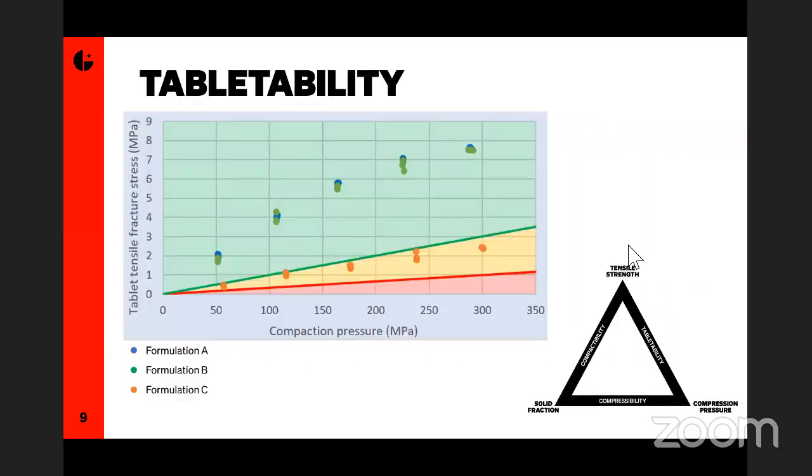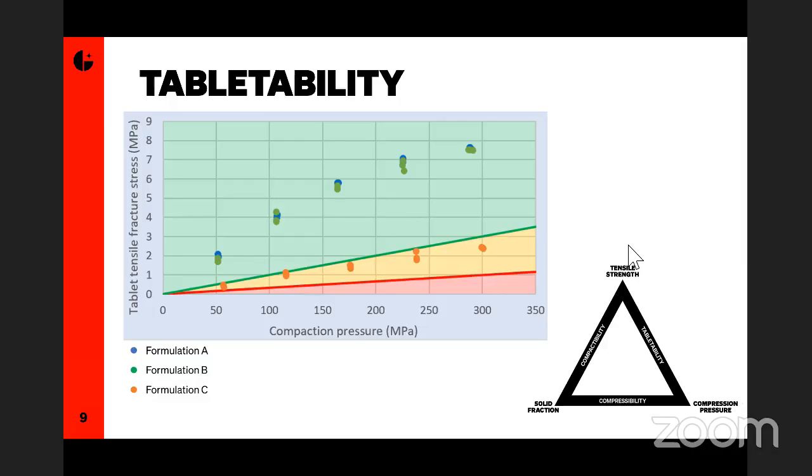When you've done that, this is the type of data you'll then be looking at. This is some tabletability data. So this is how the tablet tensile strength changes with compaction pressure. And I would say tabletability is the most useful section of the compaction triangle.